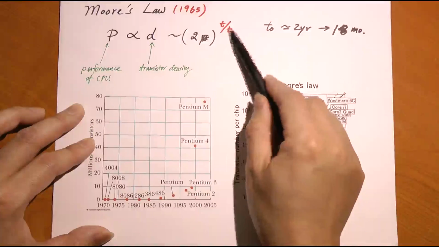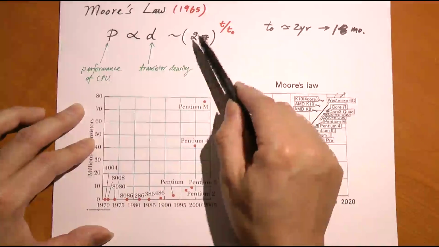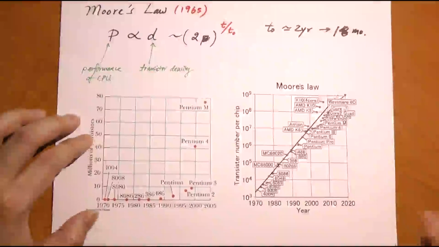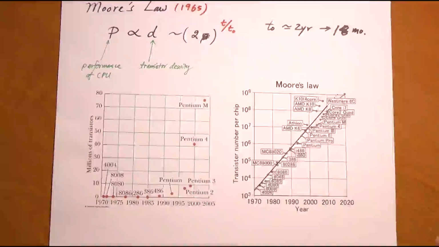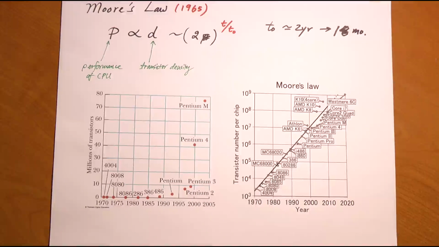Every 18 months, so T0 is about 18 months, you add another 18 months, the performance doubles: 2 to the power T over T0. That is an empirical law proposed by Gordon Moore. And despite its crude nature, it is extremely accurate in terms of reflecting the reality.